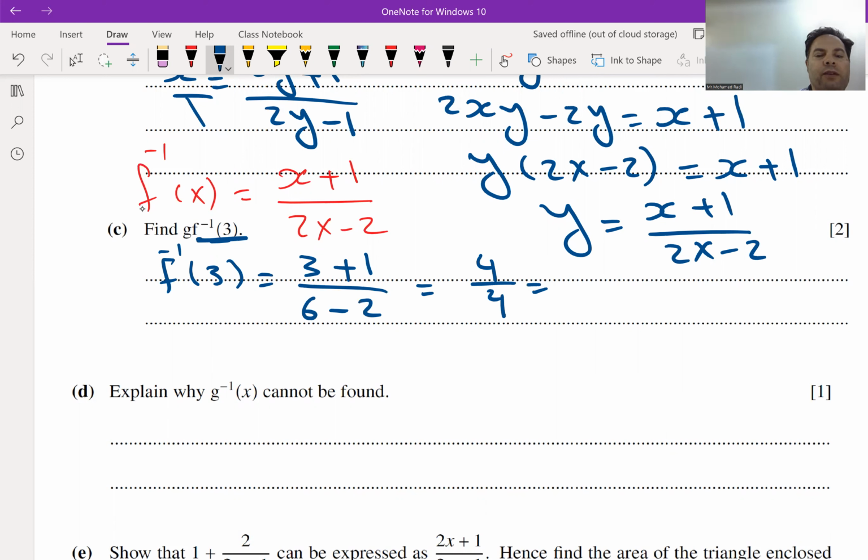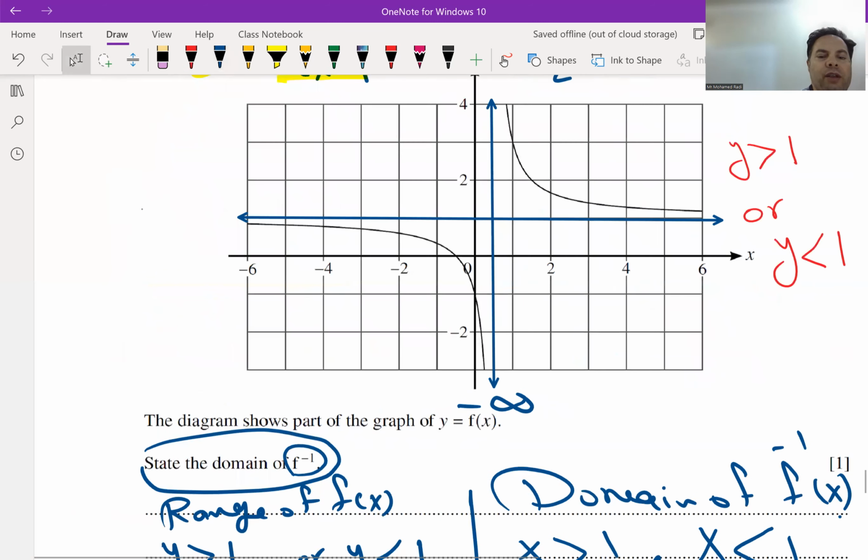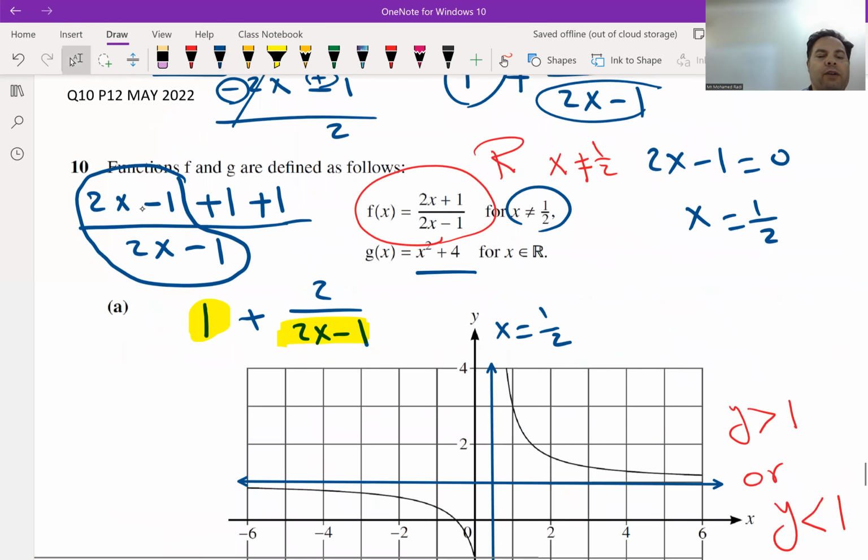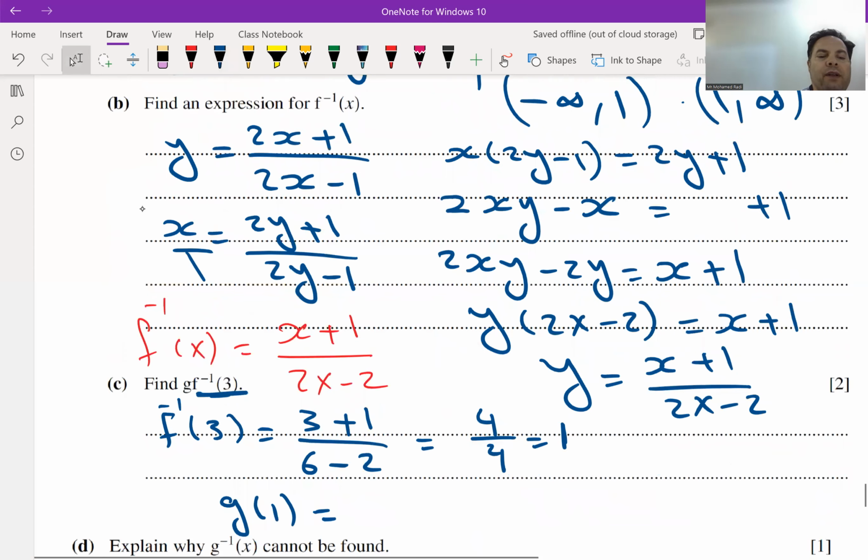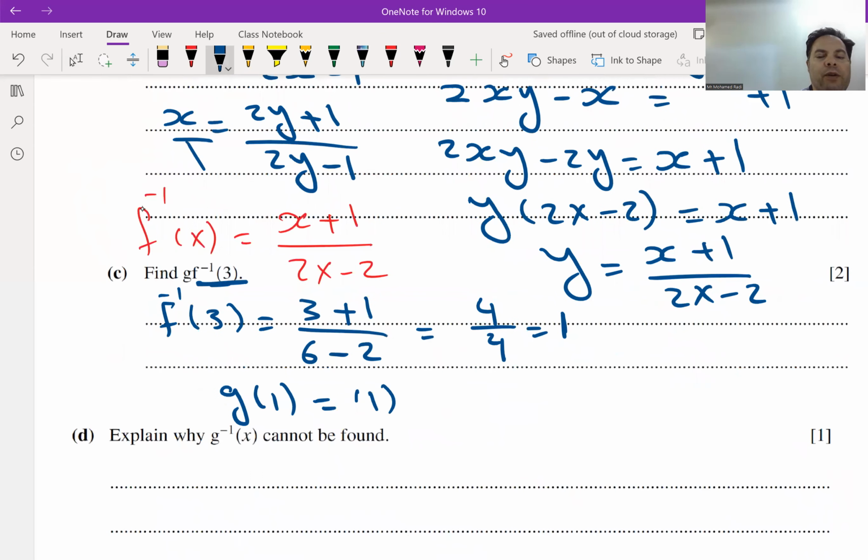So the answer is 1. Now we'll get g of 1. Substitute 1 in function g, x squared plus 4. X squared means 1 squared plus 4. So g of 1 is equal to 5. So the final answer, g of f inverse of 3, is 5.